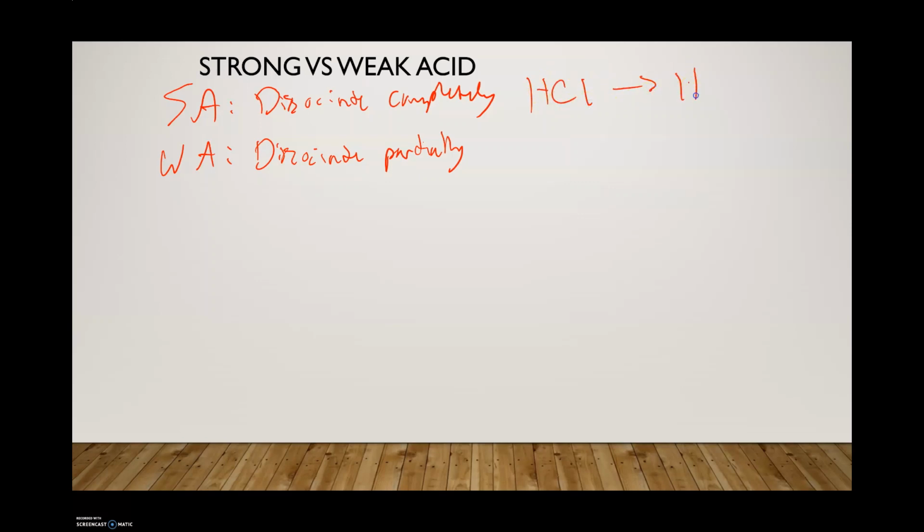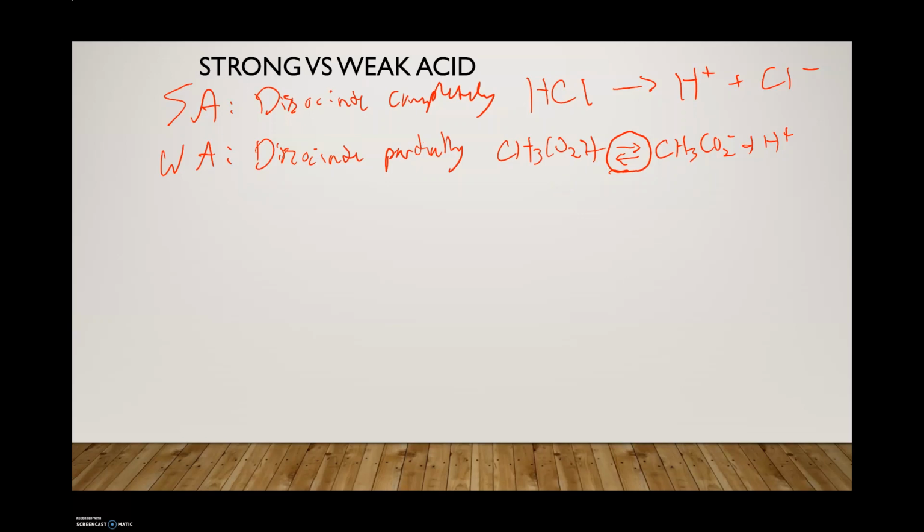HCl will break down to form H plus and Cl minus. A weak acid would be an example of, let's say, acetic acid, CH3CO2H. It forms an equilibrium because it doesn't break down completely. It forms CH3CO2 minus plus H plus. So this equilibrium suggests that we're working with a weak acid.